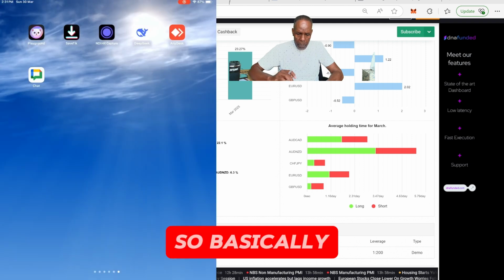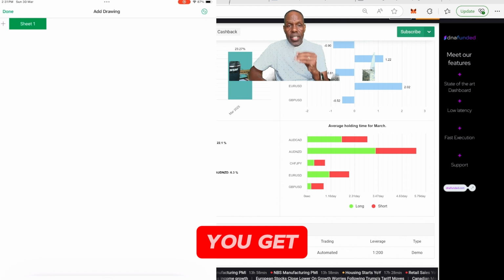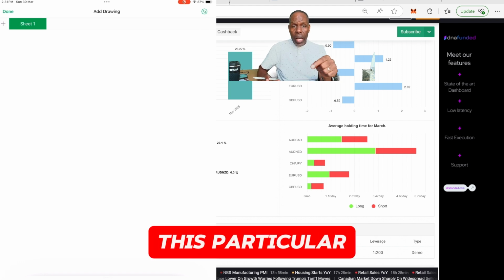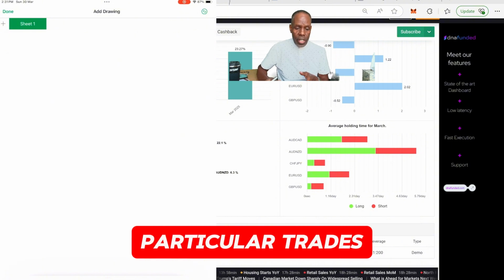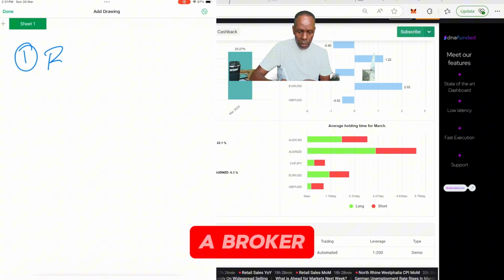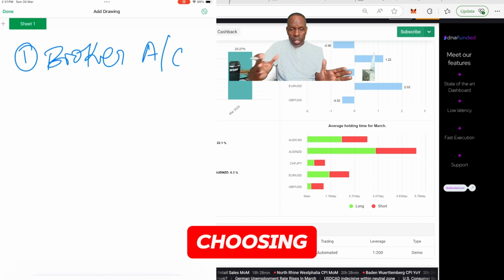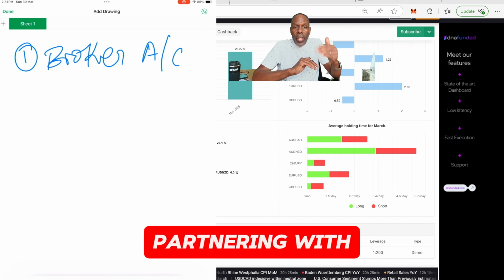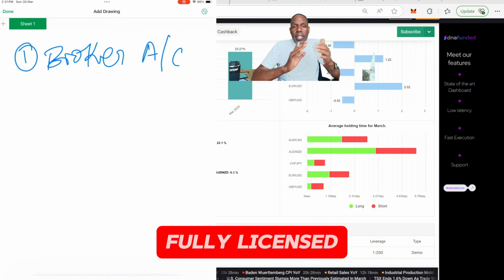Okay. So basically what I want to share here is how you get to also benefit from this particular system by simply copying these particular trades. Of course, the first thing is that you need a broker account. Again, choose any broker of your choosing. In fact, come this week, I am partnering with another broker right here in Kenya, which is fully licensed by CMA.